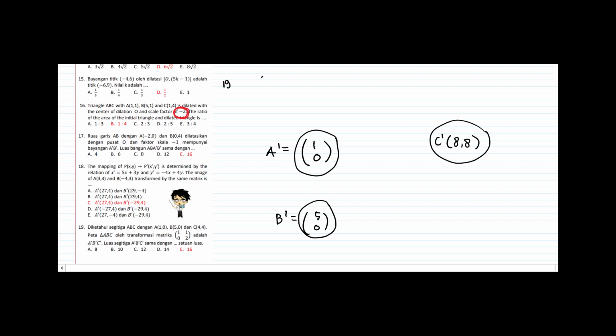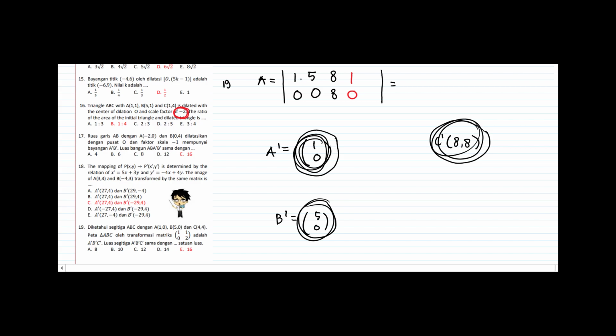We can use a method similar to a determinant. We write (1, 0) right here because A is (1, 0), then we write B (5, 0) right here, and then C (8, 8), and then we copy the first column (1, 0).